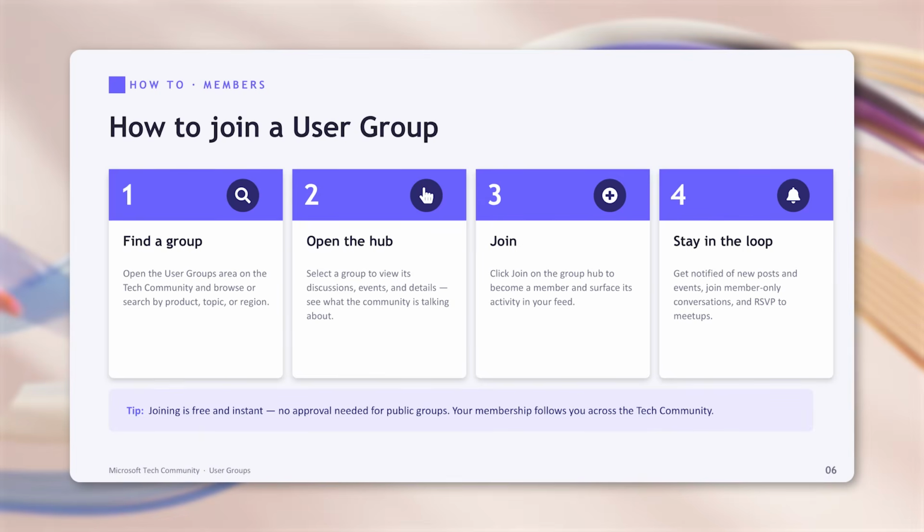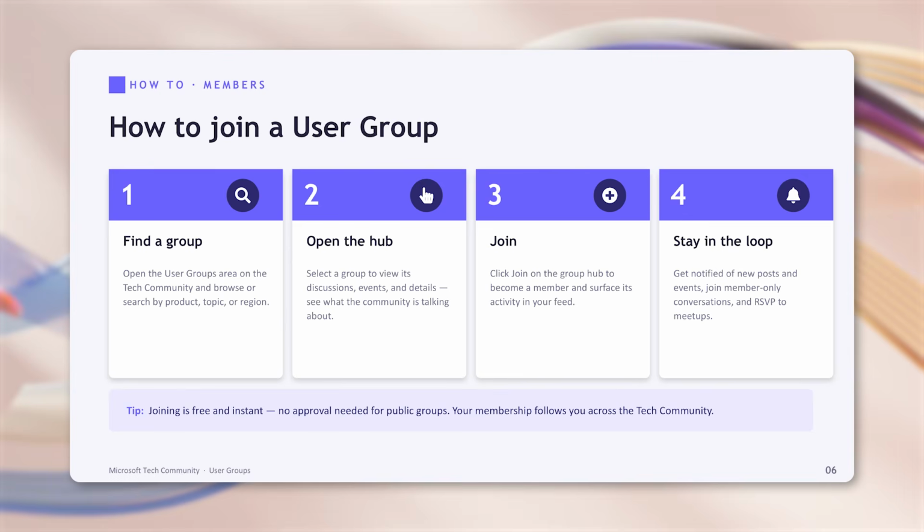So let's talk a little bit about how members will join a group. Joining a user group is pretty simple. First, you'll browse or search through the available user groups based on either technology interest, topic interest, or location. Next, open that user group and request to join. If it's a public user group, you'll be able to see discussions that are already there, blog posts, and upcoming events.